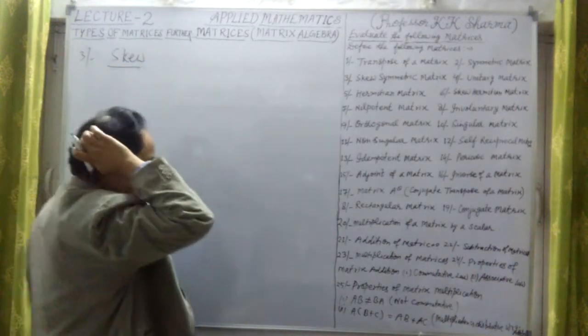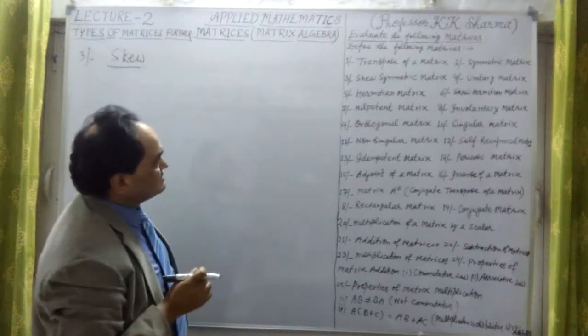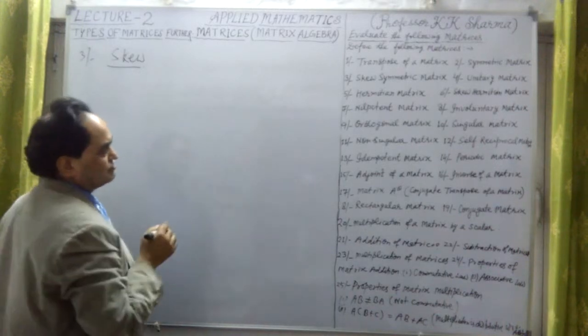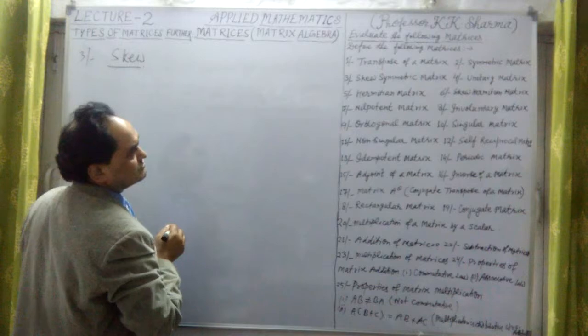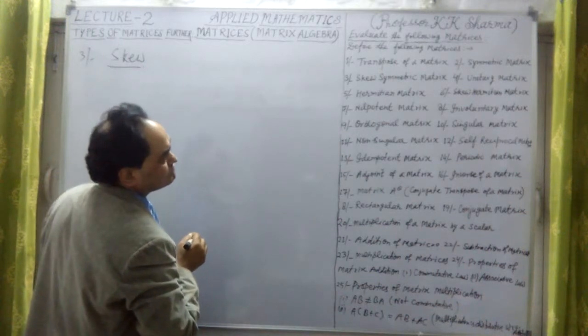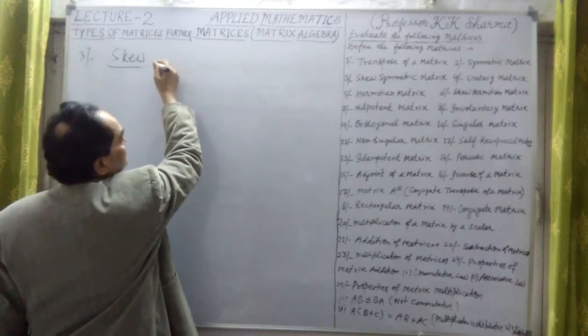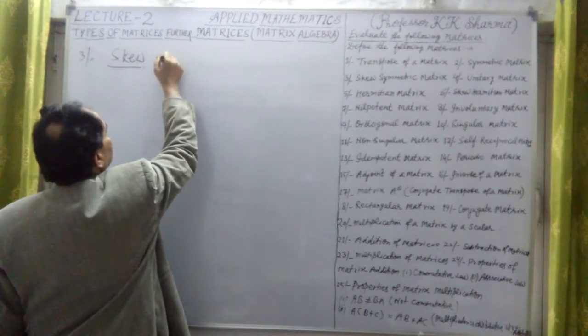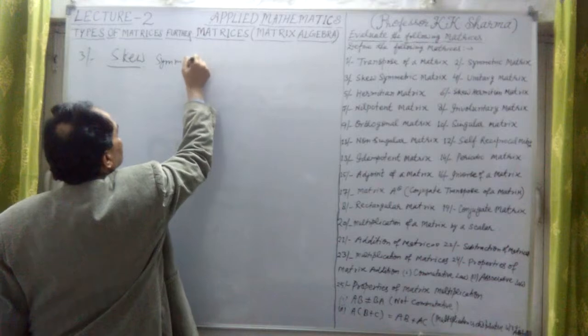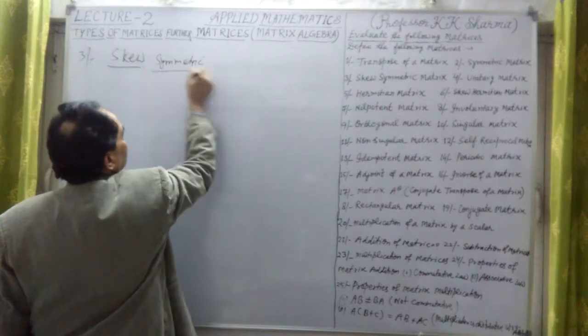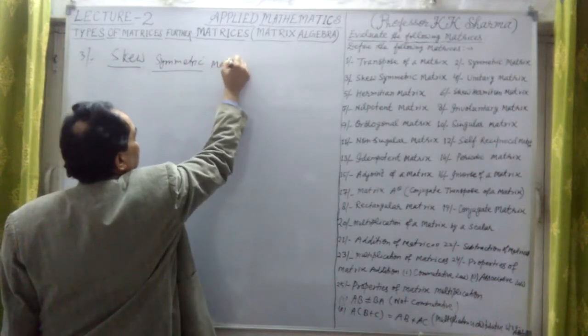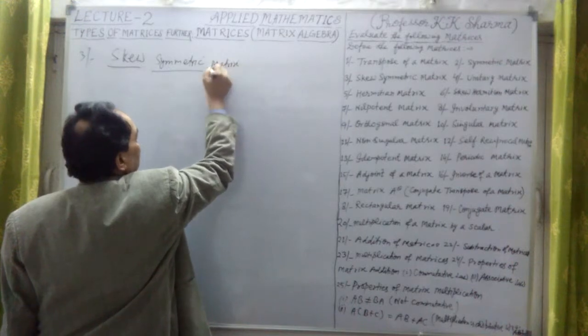Here also it is a square matrix, as the symmetric matrix was a square matrix.